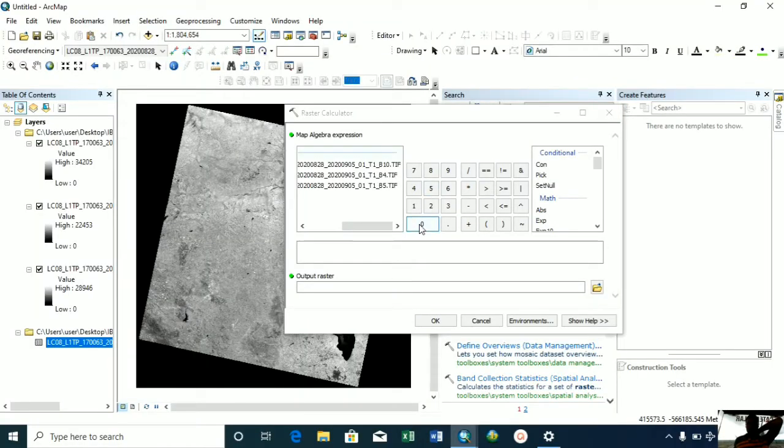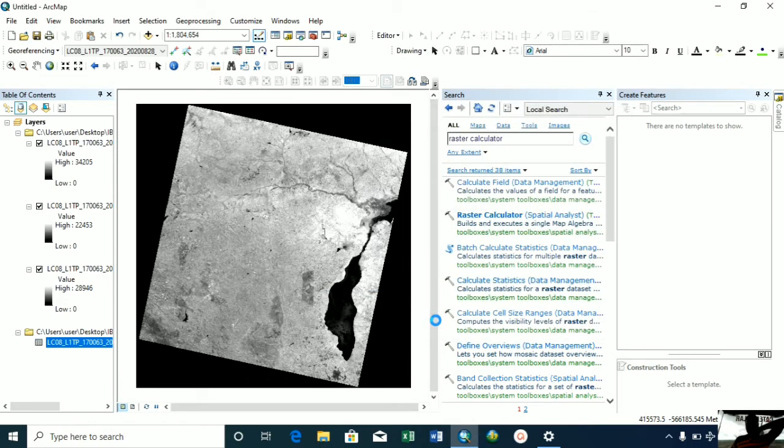You go to your raster calculator and write 0.0033342 times band number 10, which is the band-specific multiplicative rescaling factor, plus 0.1, which is the band reflectance, and this will be the top of atmosphere of band number 10, and then I'll click OK.